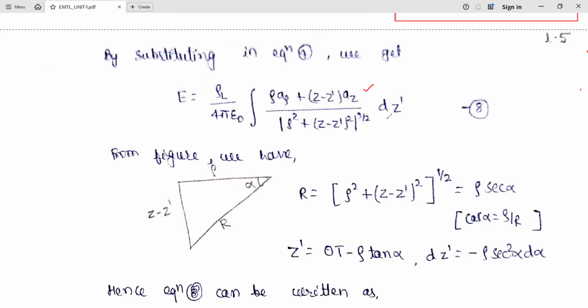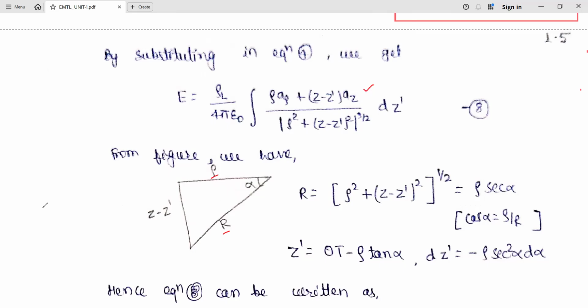Now how can we write this in different forms so that it is easy for us to simplify? For that, if we have a triangle in the previous diagram, this is the rho, and this is the r resultant vector, this is the angle alpha, and this is the z minus z dash magnitude. So here, how can we write r as rho sec alpha?